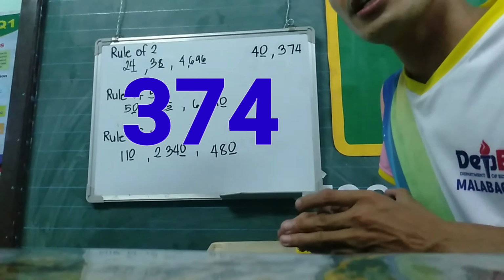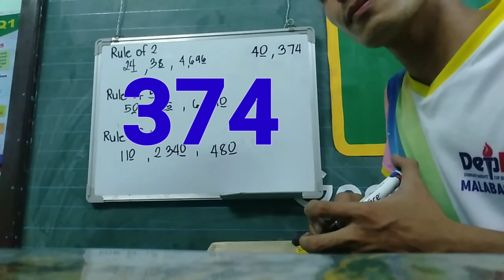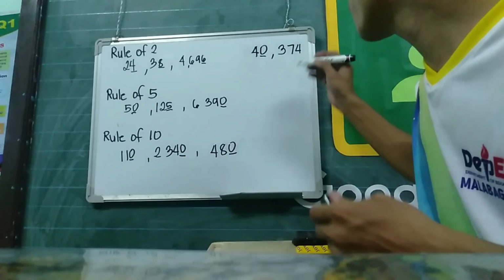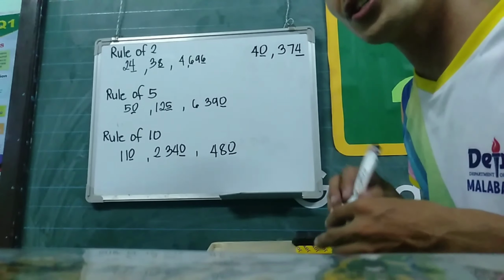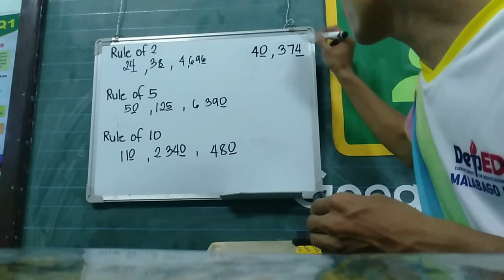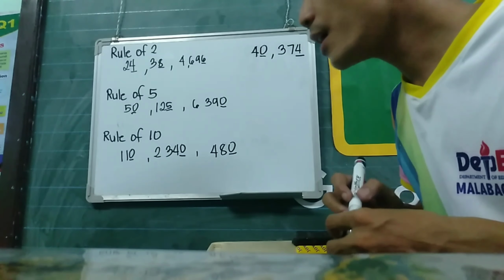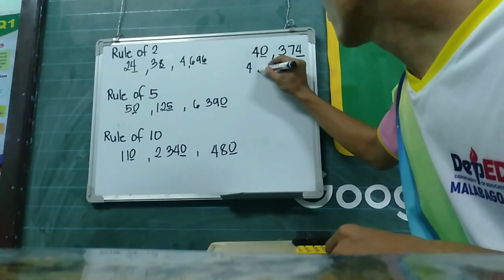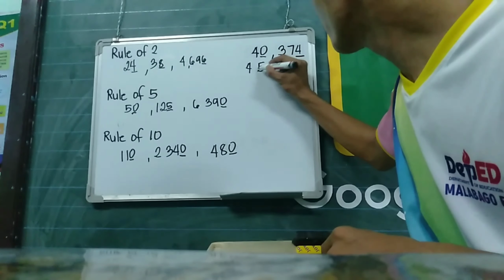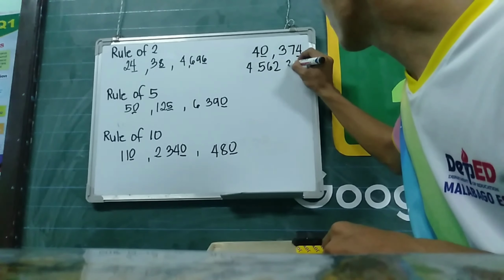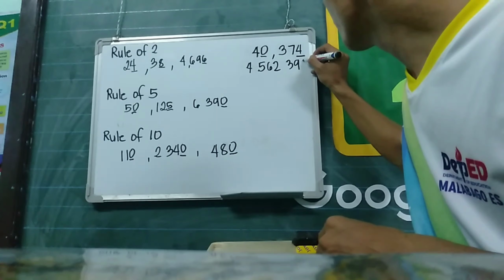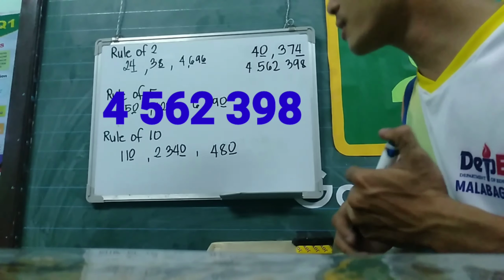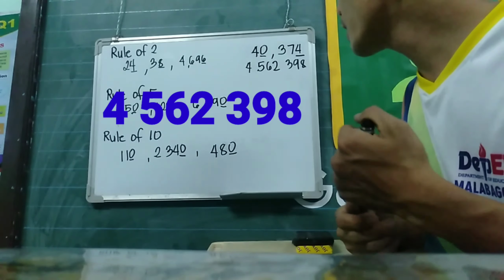374. Is it divisible by 2? Yes or no? Very good. Yes, because it ends with a digit 4. Or the 374 is an even number. Okay, this one. 4,562,398.